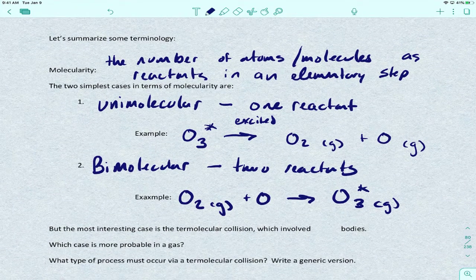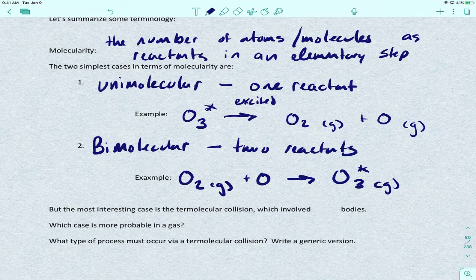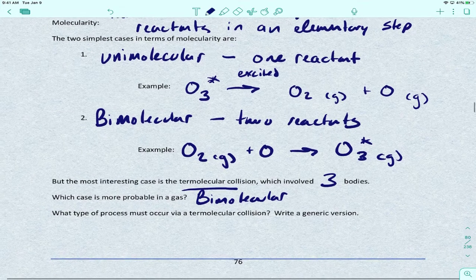Now, the most interesting case is called the termolecular collision, where you have 3 bodies. The more probable case that happens in a gas is the bimolecular. So you're going to see the bimolecular a lot in reactions.